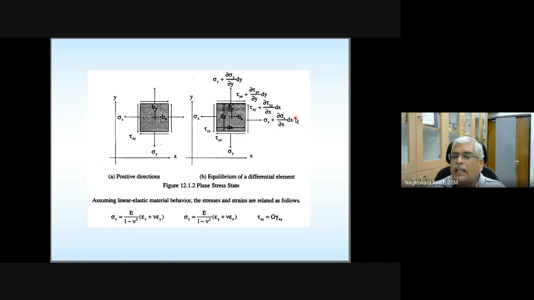Okay, so write the equilibrium. If sigma x is the stress component acting on this side, and the dimension is dx, then you are going to have a differential stress acting on the other face, given by sigma x plus the change in the stress component along this direction: the derivative of sigma x with respect to x multiplied by dx.